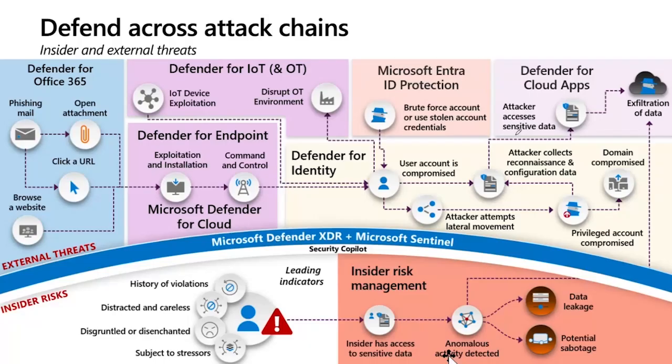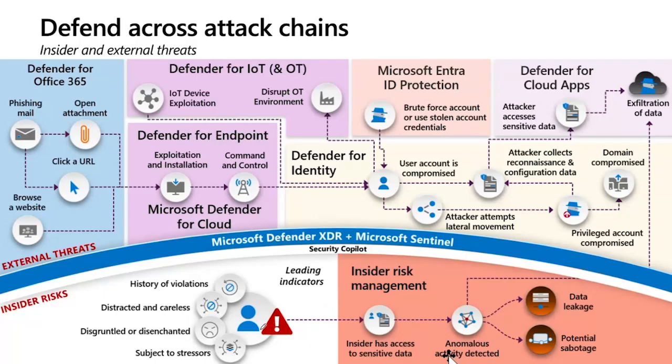Also for application security, we have Defender for Cloud Apps, where this can detect the attacker's activity on any application, and this can be prevented. So these are the different Defender components that we see here for external attack.